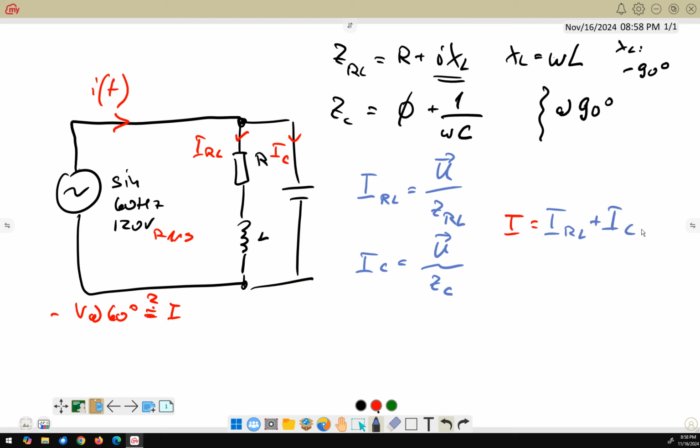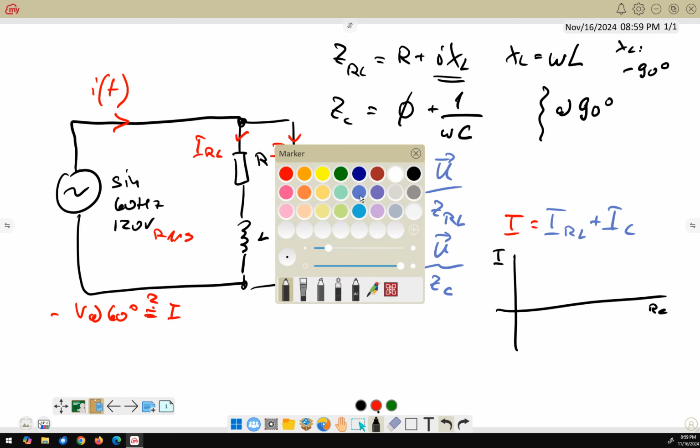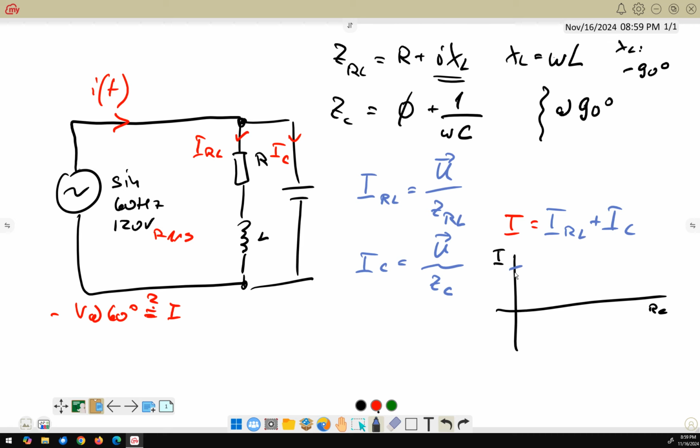We can do this in a vector diagram or in a phasor diagram. This would be the current. This is our real part. We have the current through the capacitor, IC, which leads the voltage.